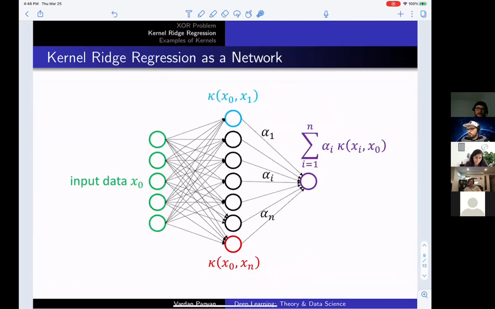So one way you can think of the classifier is as a special case of a neural network. Imagine that we have the following neural network. Here we have the input data x0, and you can see a bunch of nodes. In this case, it's 1, 2, 3, 4, 5 dimensional. And in the middle, you can think of each node as being the inner product of the input data with a certain training example, right?